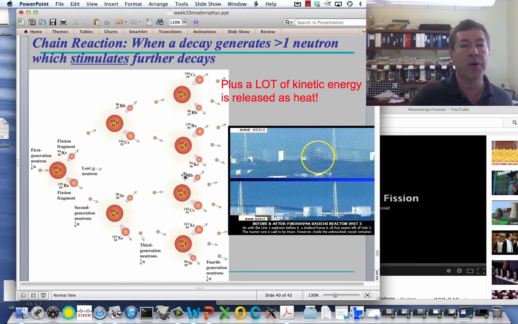They'll stimulate more of these radioactive fissions until we get a cascade. A chain reaction has occurred. This is a chain reaction, and a chain reaction is exactly what makes uranium-235 so very fissionable.